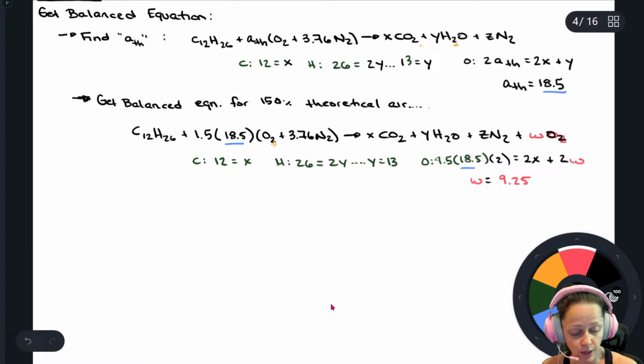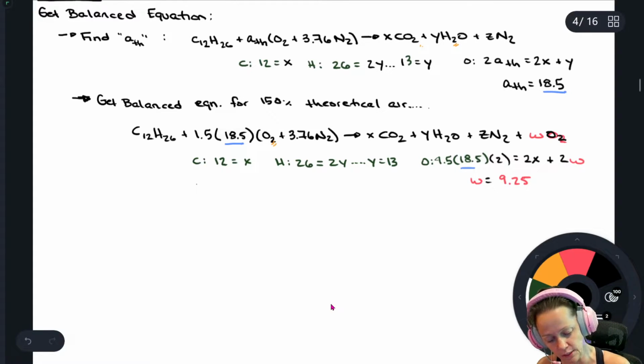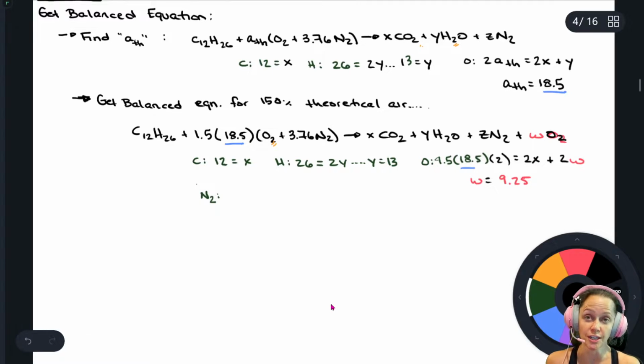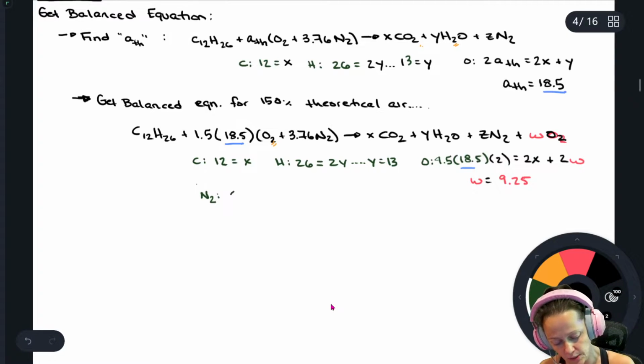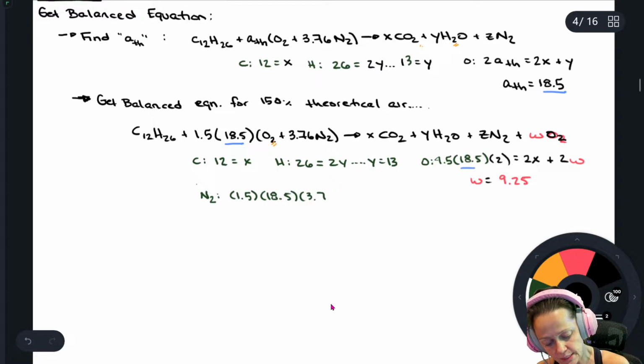And then the only other thing I need is my nitrogen. So I could do my mole balance on my nitrogen. In the previous problem, I just did it on nitrogen without the subscript 2. I'm going to do it with the subscript 2. It doesn't really matter. So on the left-hand side, I got 1.5 times 18.5 times 3.76.